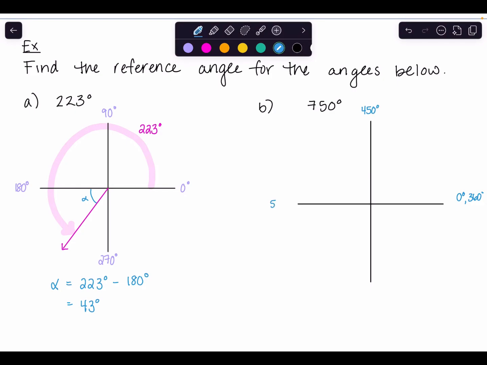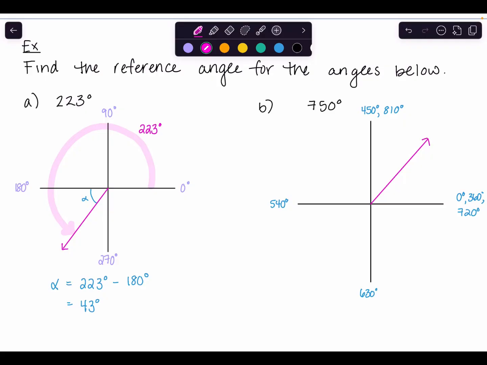Looking at B, I have 750 degrees, which is way more than 360. So you can start here at 0, but really it makes more sense to start at 360. Adding 90 degrees would give you 450. 90 degrees again is 540. 90 degrees is 630. 90 more degrees lands you at another spin, that's 720.